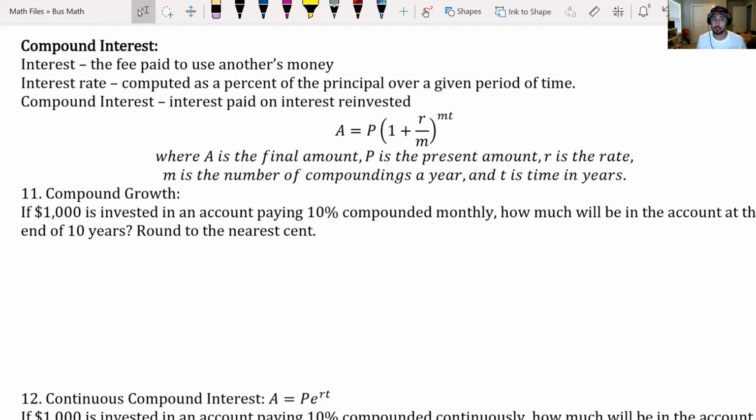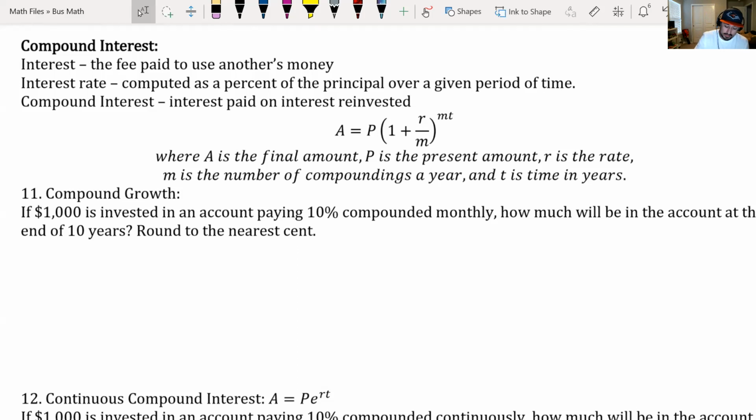So some definitions real quick. Interest is the fee paid to use another's money. Interest rate is computed as a percent of the principal over a given period of time. And compound interest is interest paid on interest reinvested.